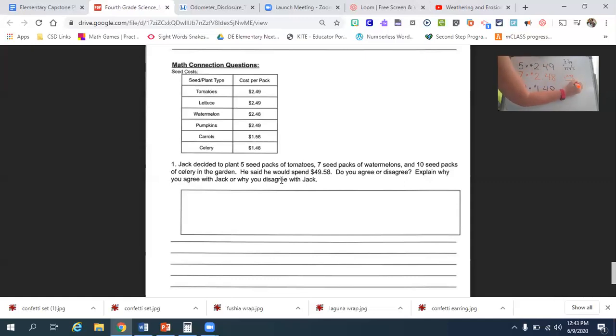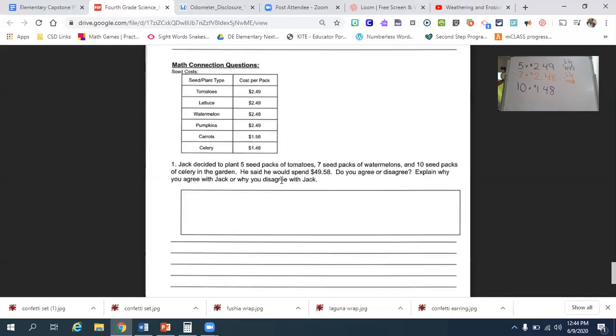Put the 6, regroup my 5, right? 7 times 4 is 28. 28 and 5 is 33. 7 times 2 is 14. 14 plus 3 is 17. So it's $17.36 for my watermelon.